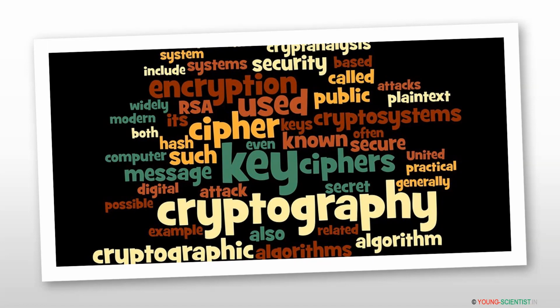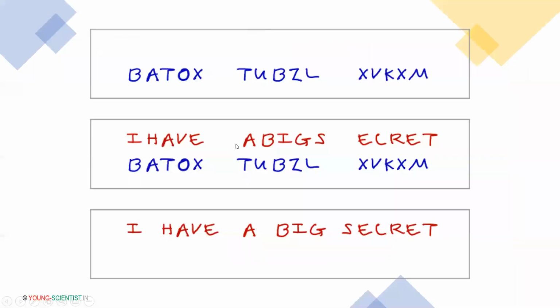Now, the use of cryptography and cryptic messages dates back to ancient times. Historically and famously to the time of Julius Caesar and Caesar's cipher. Now here's an example of how a secret message can be decrypted.